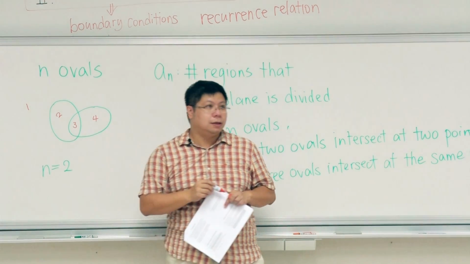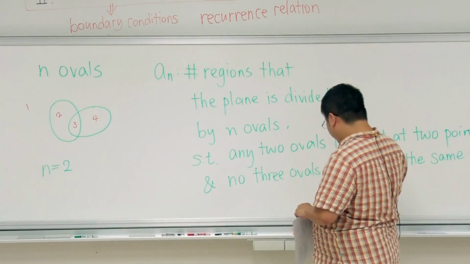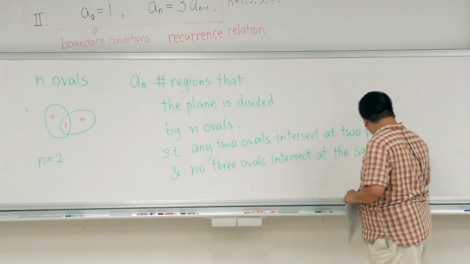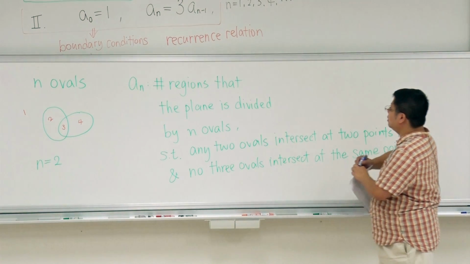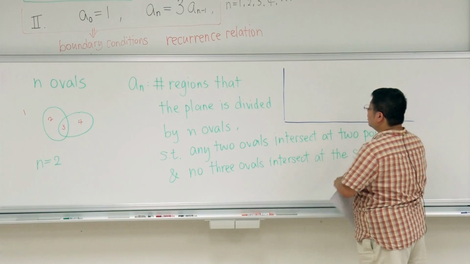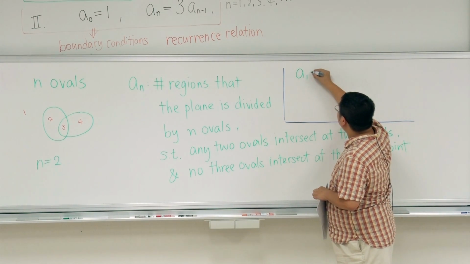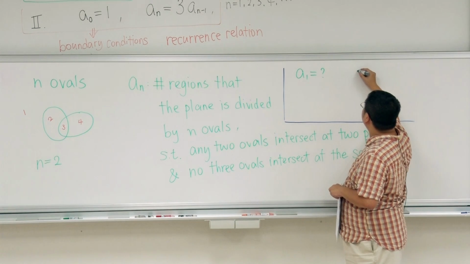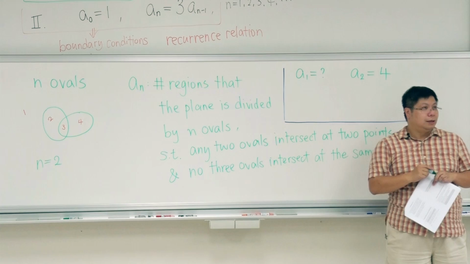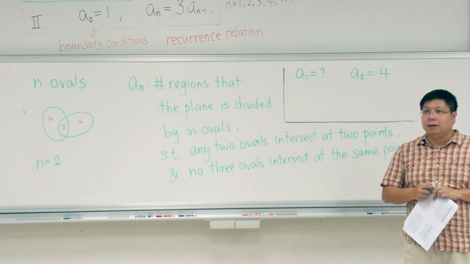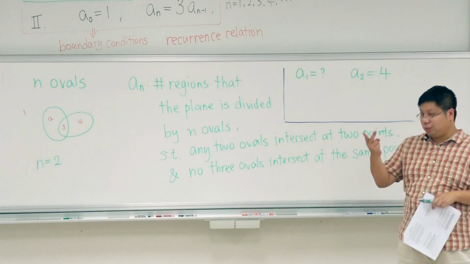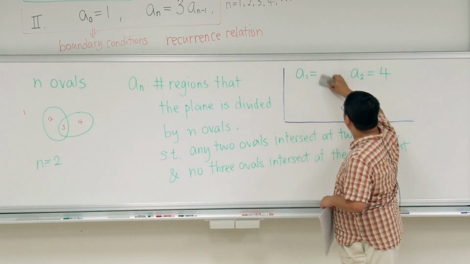So a_2 is equal to 4. What is a_1? With a single oval, you have 2 regions. Good, a_1 is 2.